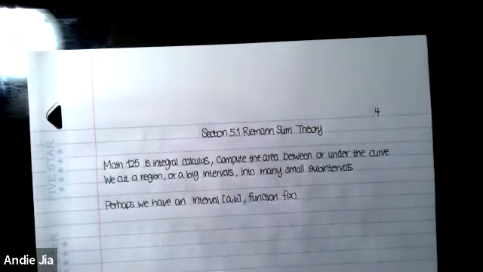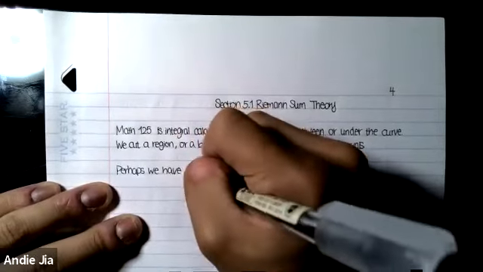Now we want to know what the area from A to B under the curve of f of x is. Since we have not learned any integration technique yet, we use Riemann sums to approximate.